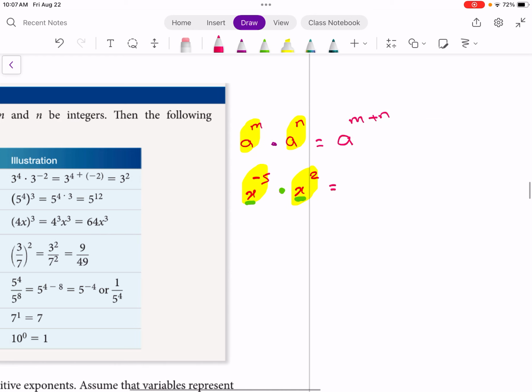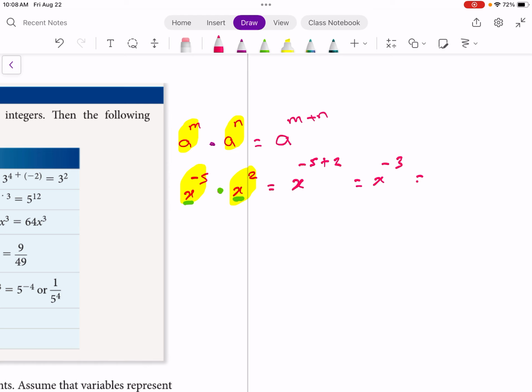The product is: you write down the same base, and you add the exponents, so negative 5 plus 2, which is x to the power negative 3. We always try to have our answer in simplified form, so you make it positive, which is 1 over x cube.